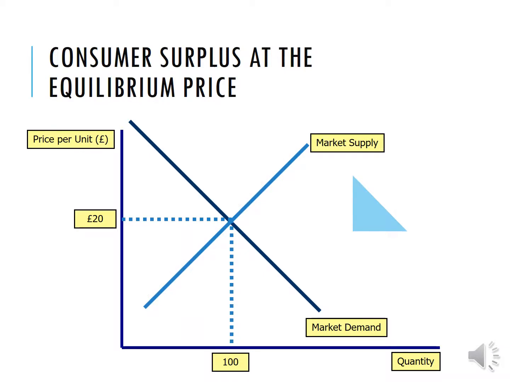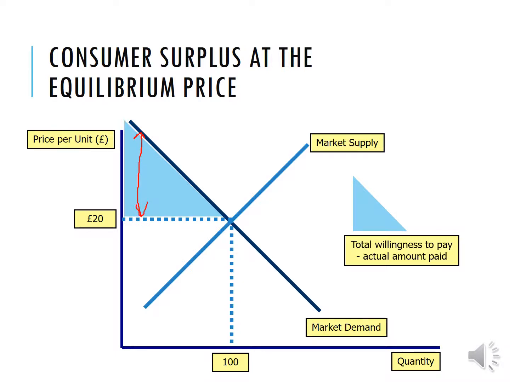So the consumer surplus at the equilibrium price is the difference between what people are willing to pay and what they actually pay. This area is the sum of all these little bits of value added together, and the blue area in total represents the consumer surplus. It's a measure of the consumer's value in excess of the price they actually have to pay.